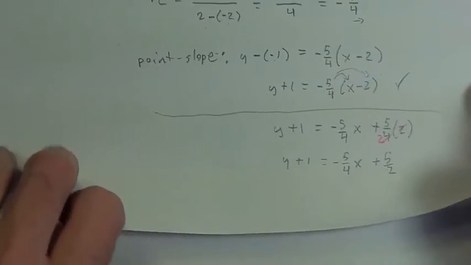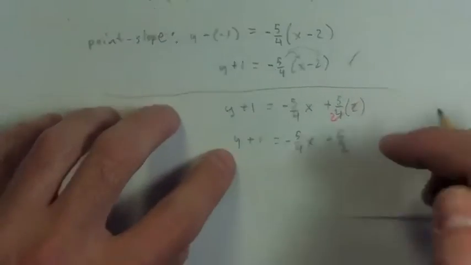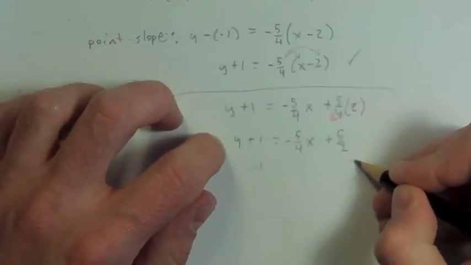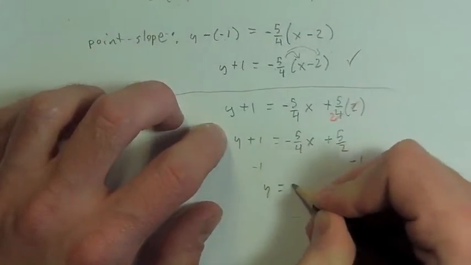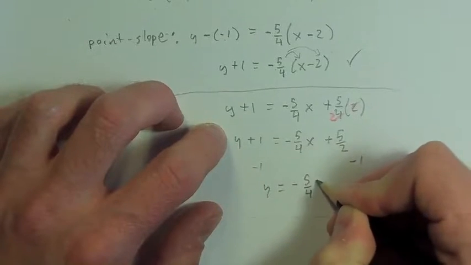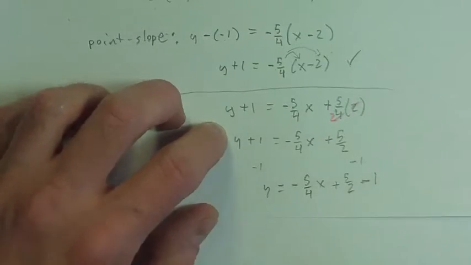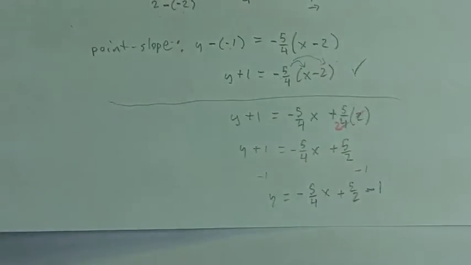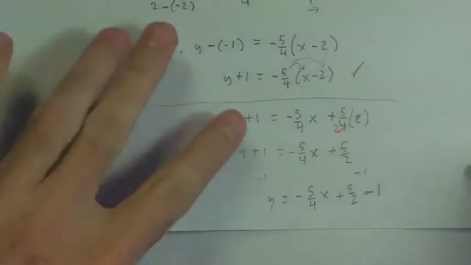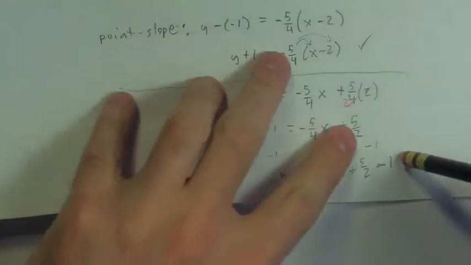So for my next step, we'll subtract 1 on both sides. So I have y is equal to negative 5/4 x plus 5/2 minus 1. And the nice thing about 1, if I want to convert it into a fraction, it's always something over itself.